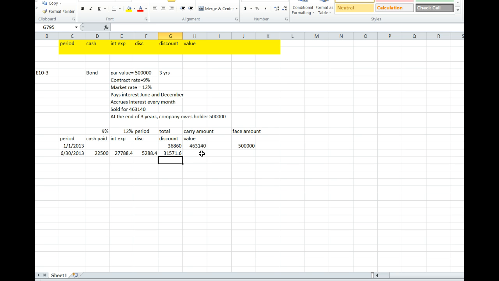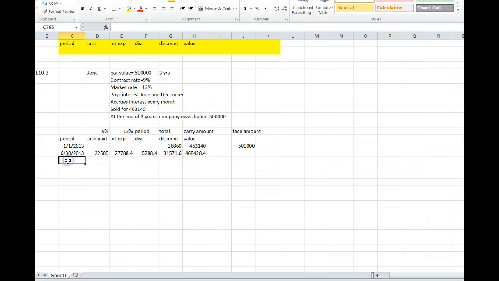Our carrying amount is going to have the period discount difference added to it. So that's our 463 plus the discount difference this period, so we're up to 468,000. I'm not going to go through journal entries, but there are a couple of good exercises in the book to work on the journal entries.